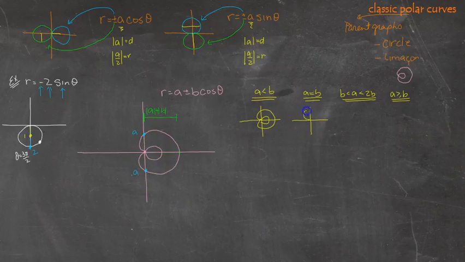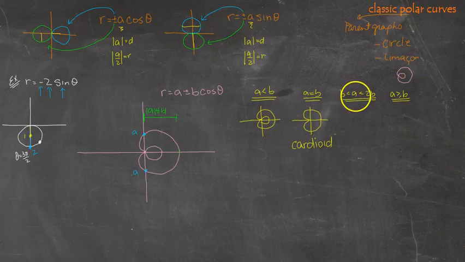In fact, it gets its name from the fact that it looks sort of like a Valentine's heart. It's called a cardioid. It's still a limacon, but it's a cardioid variety.